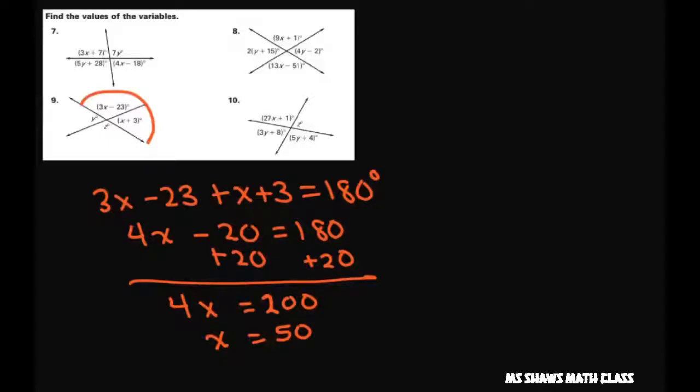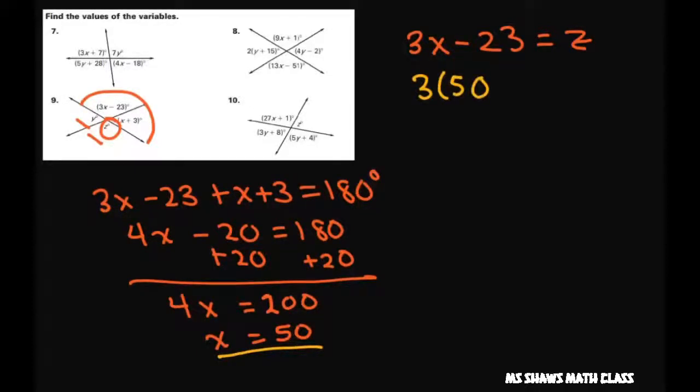Now to find your y and z, we're using the vertical angle theorem. So I'll find z first. That means we set these two equal to each other. I'm going to plug in my x. So 3 times 50 minus 23 equals z.